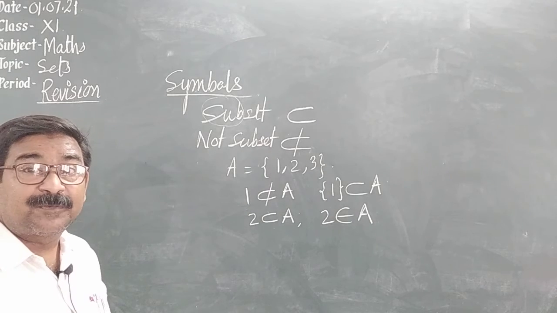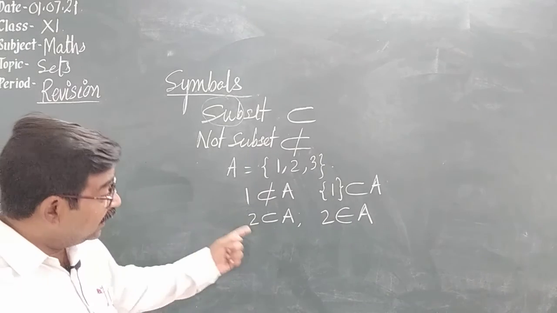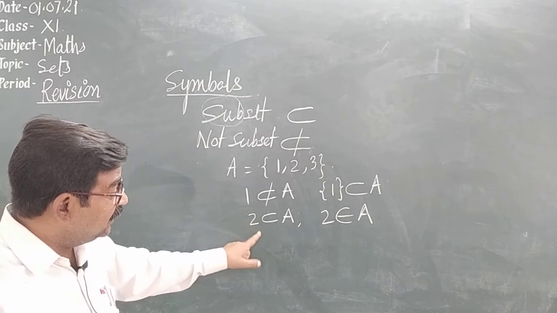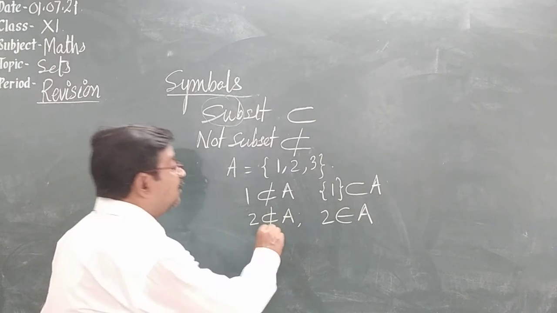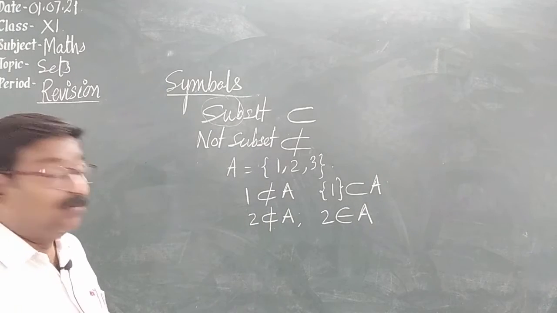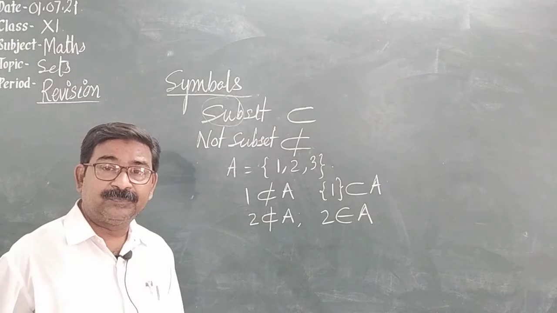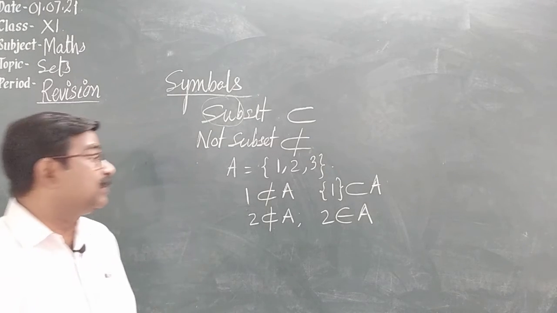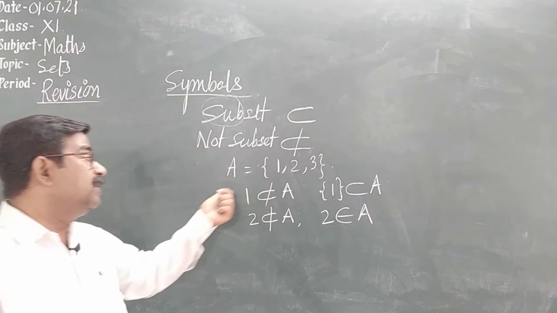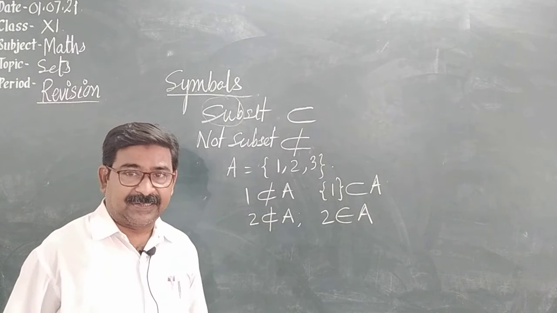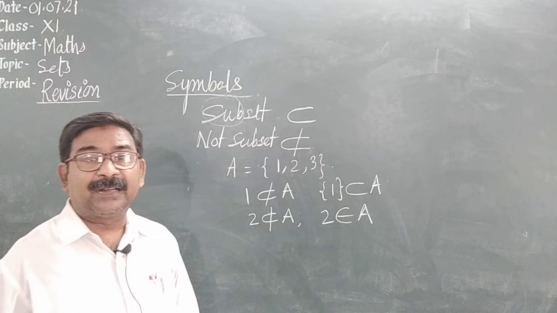An element is not a subset. So unless we write this in brackets, it is not a subset. It is a subset when we write this in brackets. So what is a subset? A subset means a part of a set.